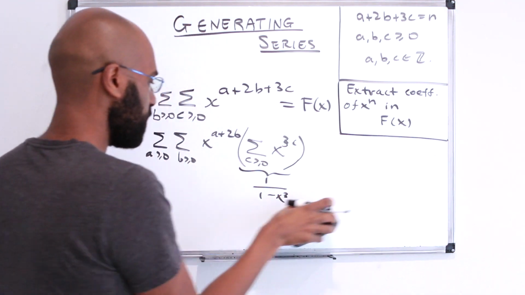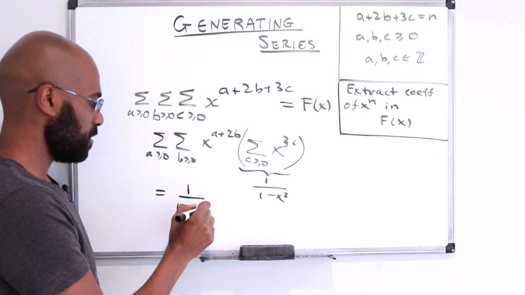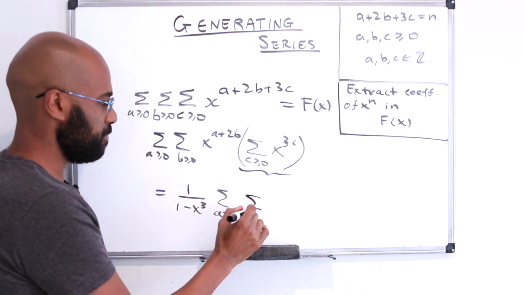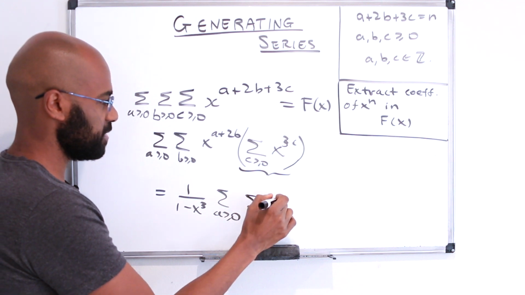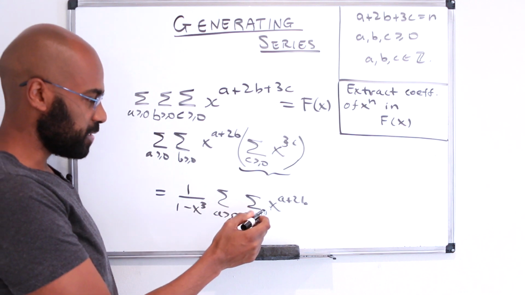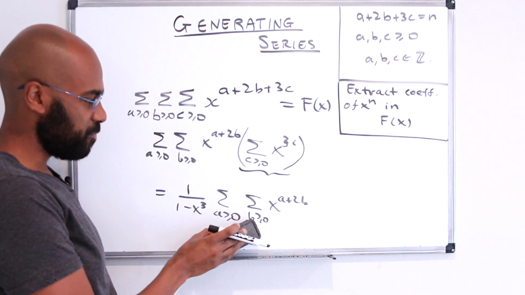So this expression is 1 over 1 minus x cubed times the sum a greater than or equal to 0, the sum b greater than or equal to 0 of x to the a plus 2b. Now we can perform the same process again. We can pull out this factor of x to the a because it's independent of b.